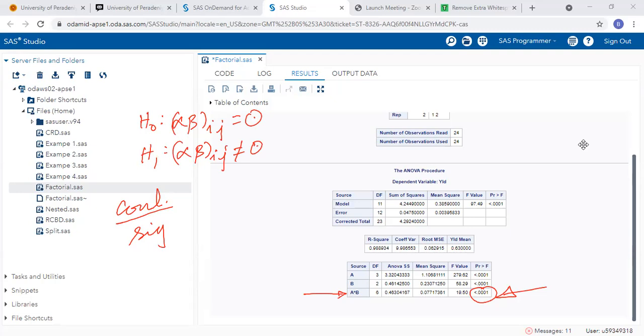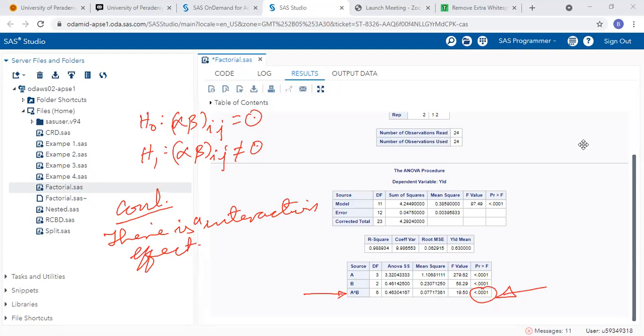So we could say there is an interaction effect. Right? Now what to do?